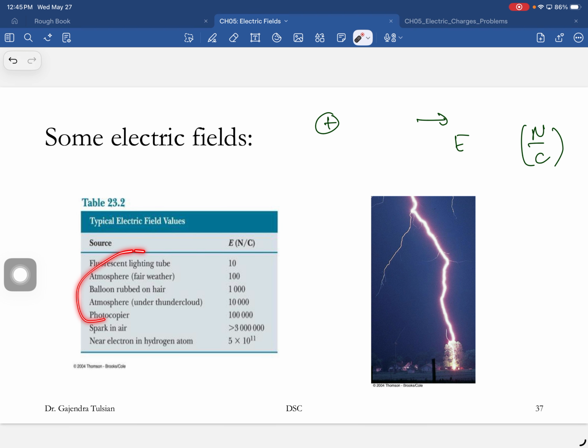And here are some electric fields. In that fluorescent bulb, inside the bulb, the electric field is 10 Newton per coulomb. Outside in the atmosphere, it's about 100 Newton per coulomb. Anytime you see a spark in air, the electric field is greater than 3 million Newton per coulomb.